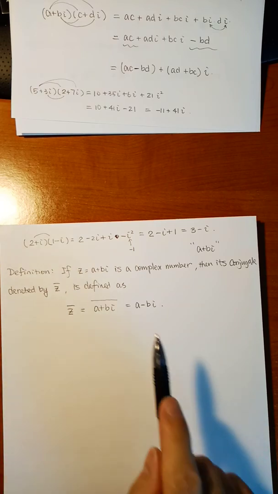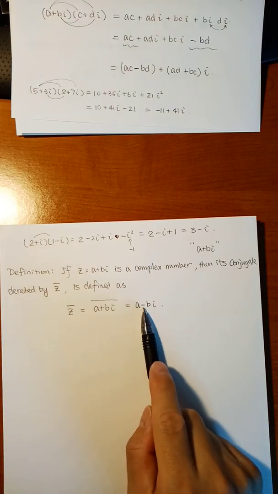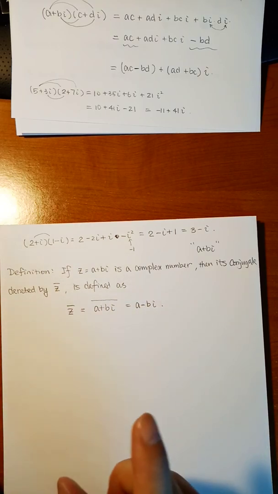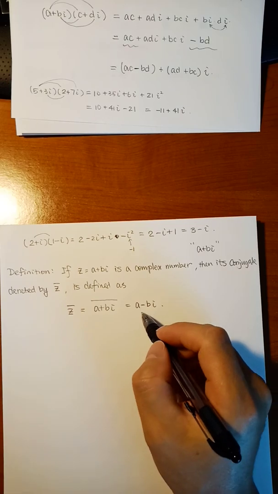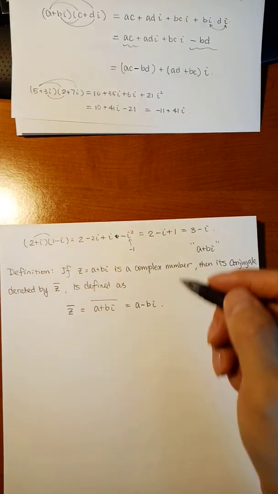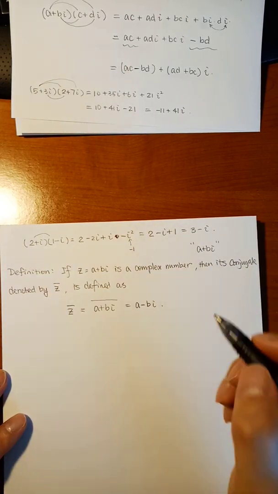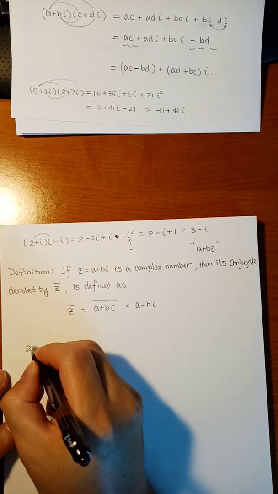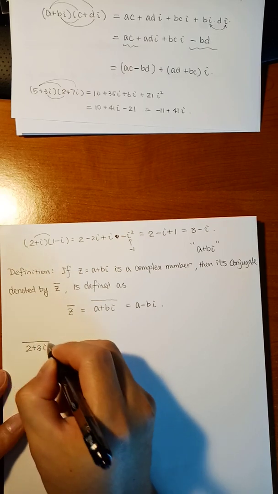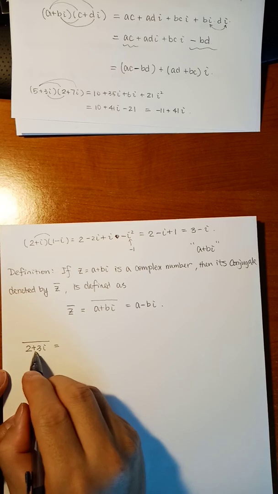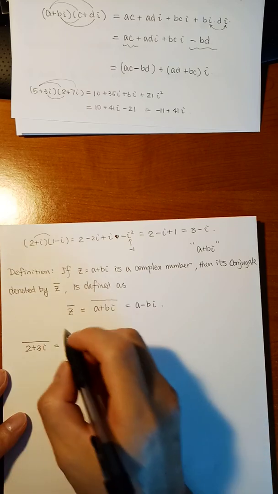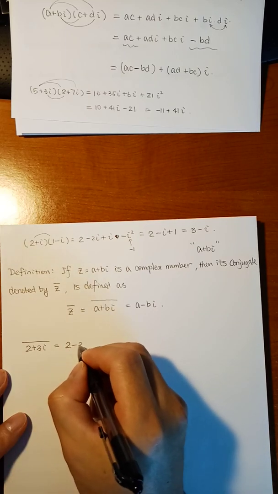Okay, so what is the conjugate? Conjugate just means you change the sign in front of bi. You only change the imaginary part. For example, if we have 2 plus 3i, I change the sign in front of the imaginary part, it will be 2 minus 3i.